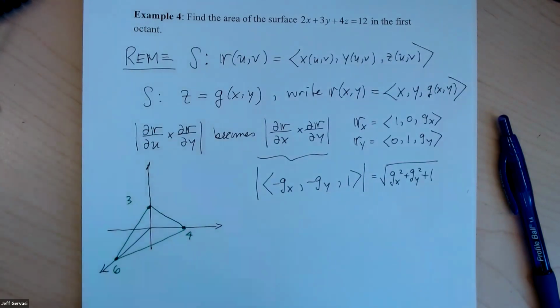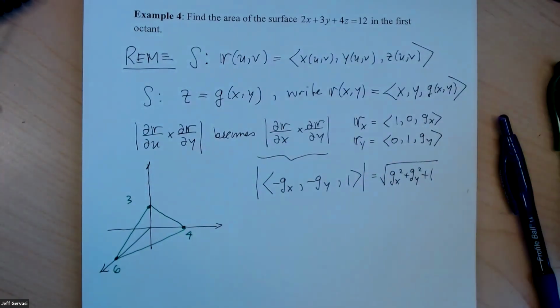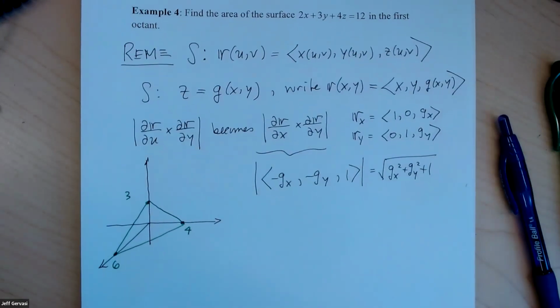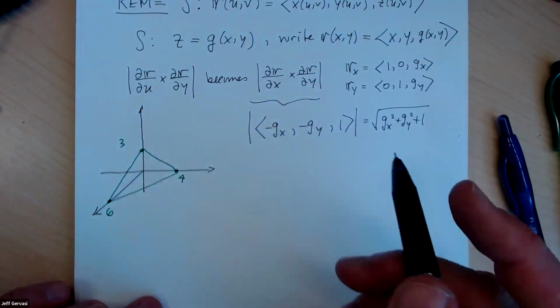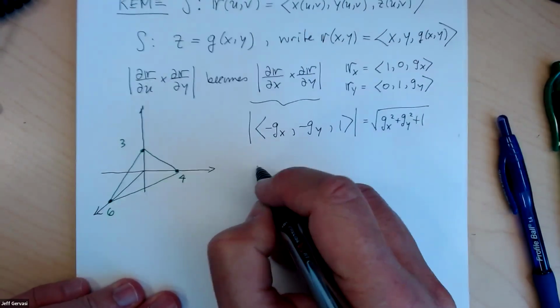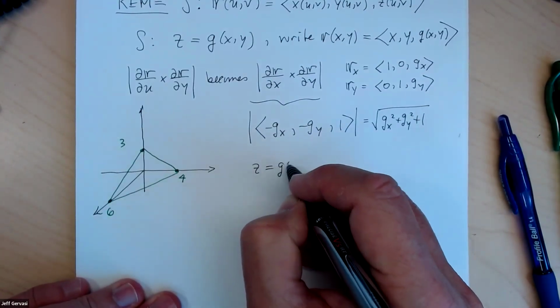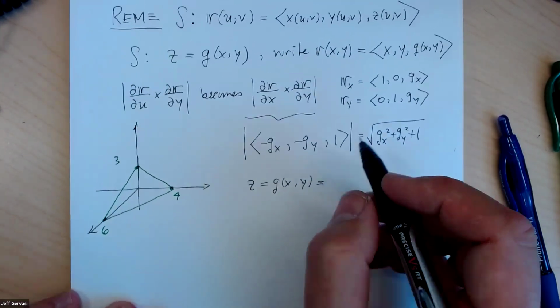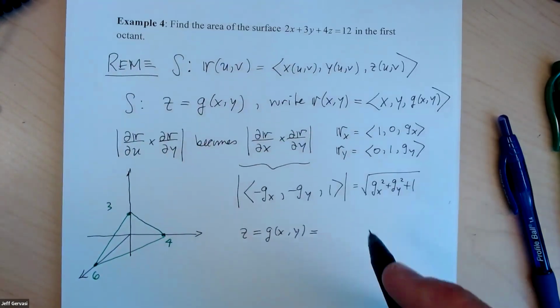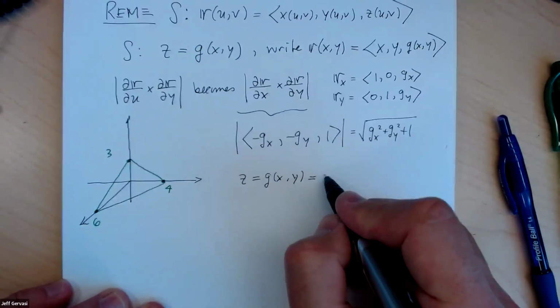So there's our plane right there. And my z equals g of x and y. If I take the equation of my plane right here and solve it for z, I'm going to get the following.